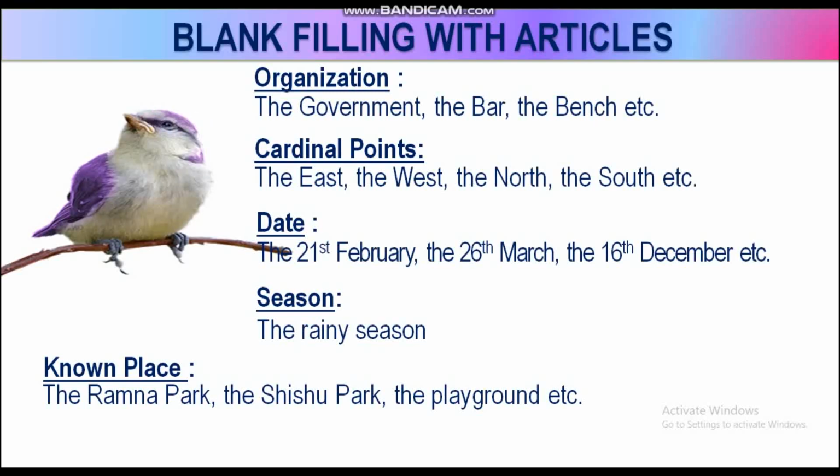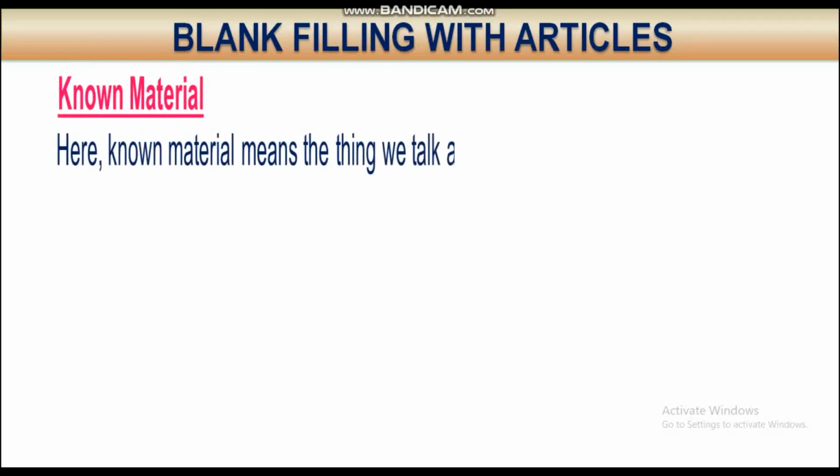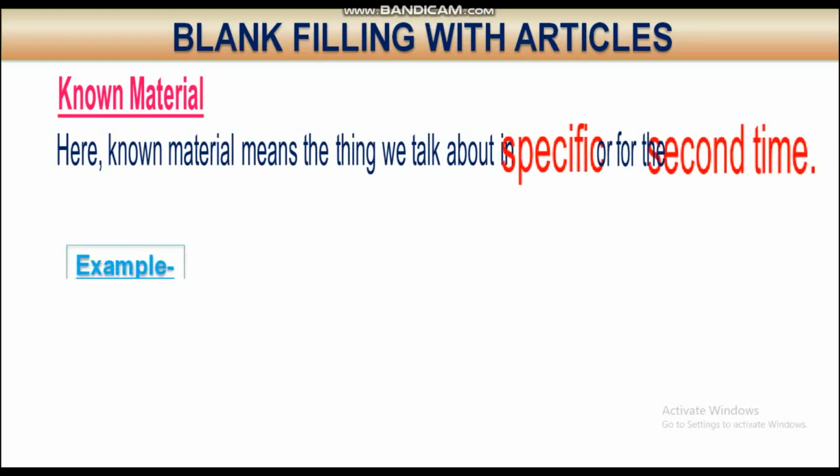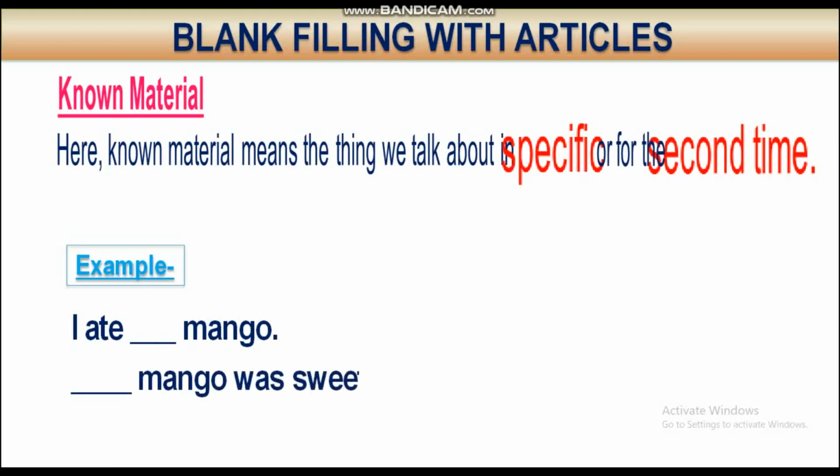Known material. Here, known material means the thing we talk about in specific or for the second time. For example, I ate a mango. The mango was sweet. Dear students, here mango in the first sentence is used in general or for the first time.